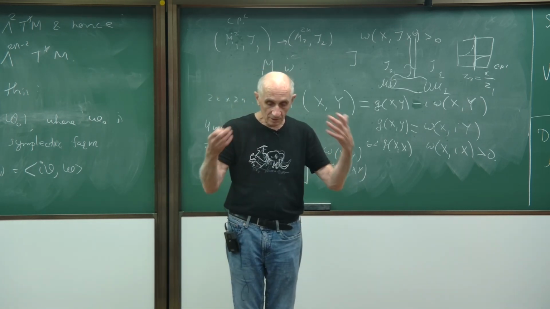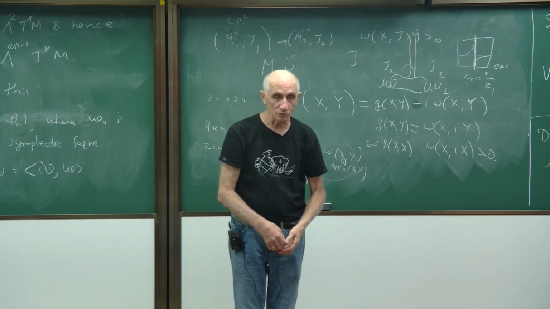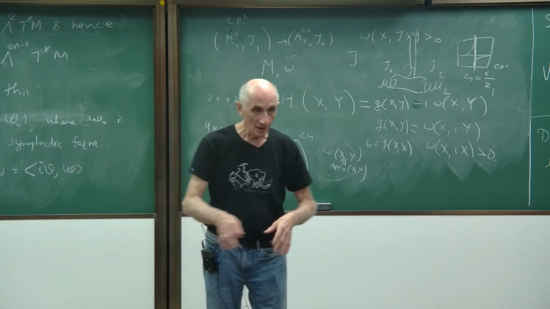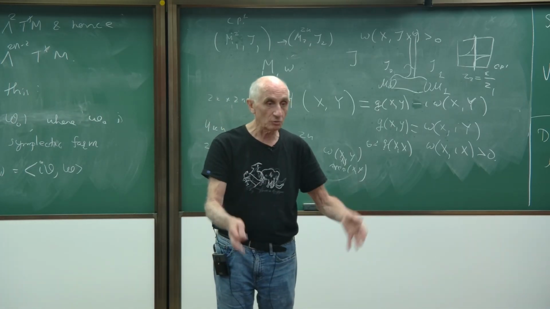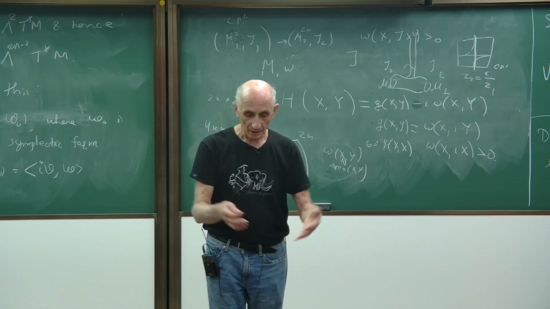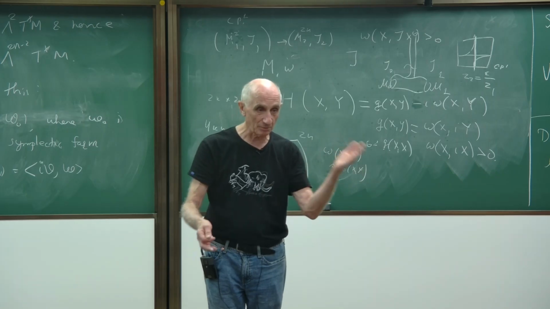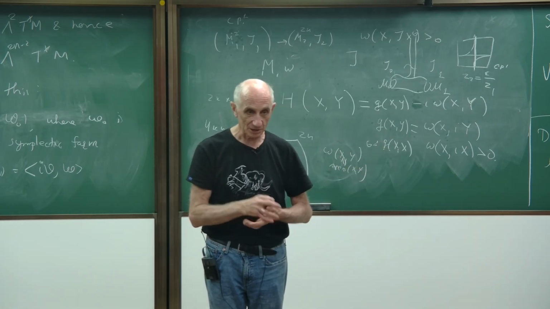So as a result, what do we have? You have a holomorphic curve, and up to some universal constant depending only on this manifold, the symplectic area of a holomorphic curve is the same as the usual area.